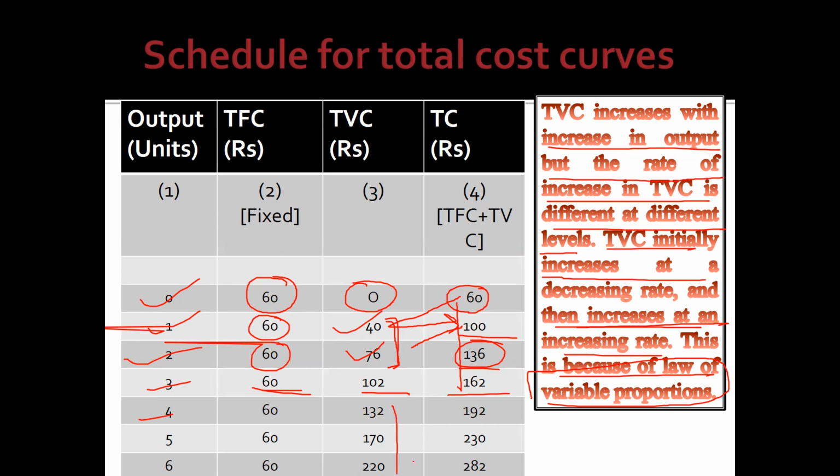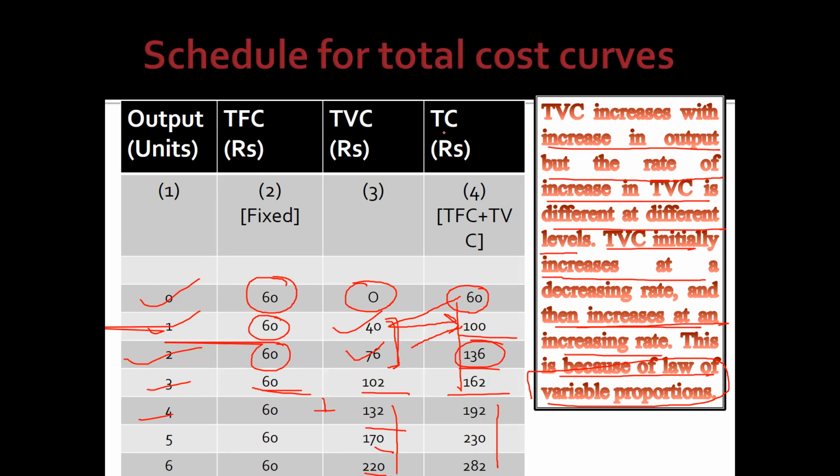It is just because of this law of variable proportion. You can see the values 132, 170, 220. In the same manner, 60 plus 132 is 192, and so on.